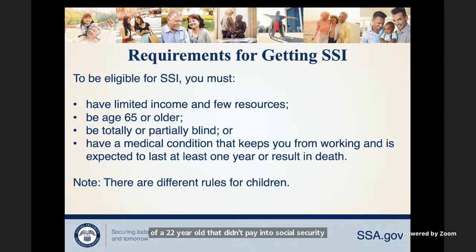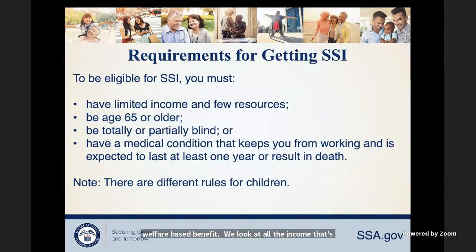Children, minor children can qualify for SSI. We do look at the income and resources of their parents, though, because it's a welfare-based benefit, needs-based. So we look at all the income that's coming into the house, all the resources.